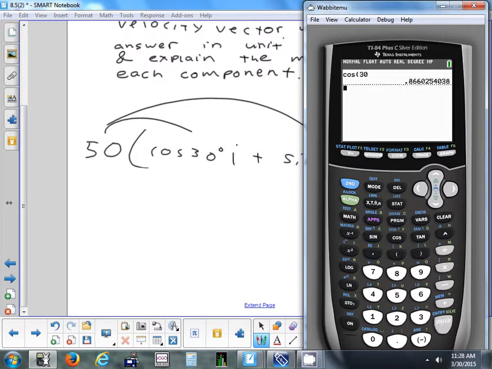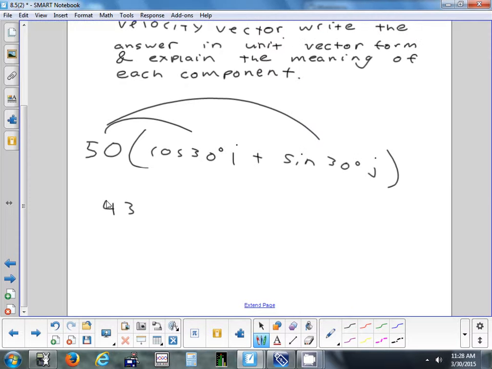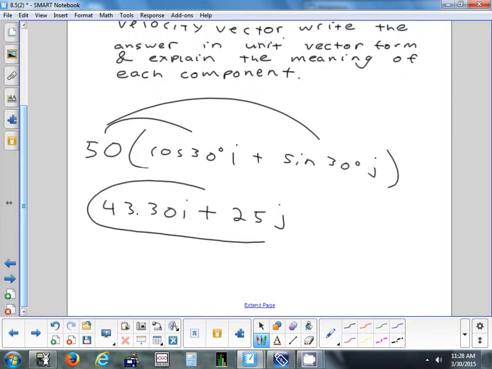I'm not even going to round it. I'm just going to take that and hit times 50. So you get 43.30. It's the horizontal component. Plus, the sine of 30, if you do that out, it's going to come out 1/2. Times 50 is 25. There's our velocity vector.